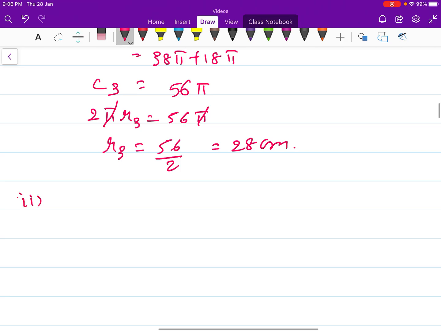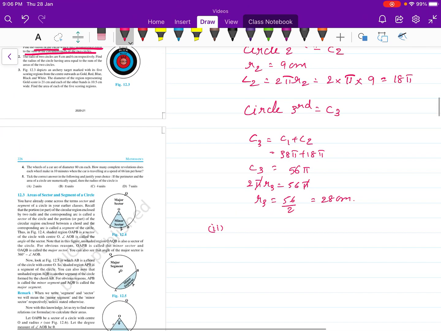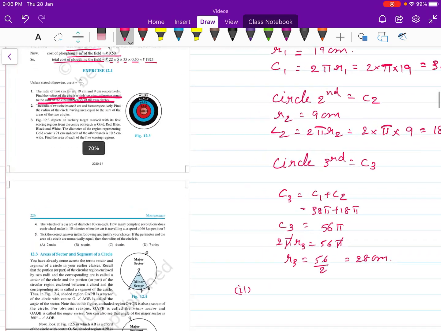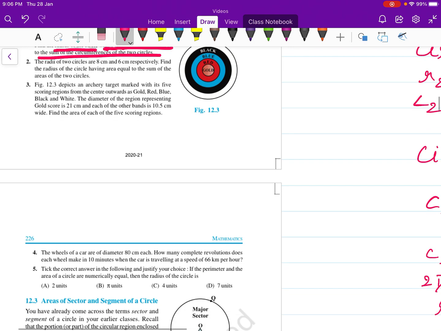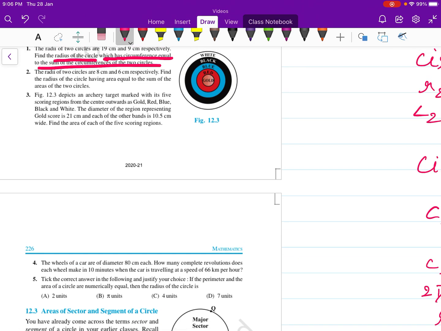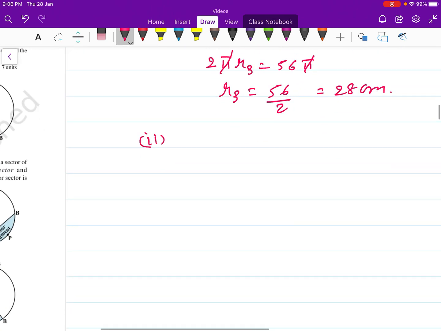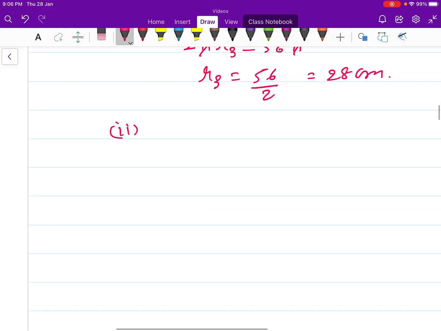Number 2. Now it is a similar kind of question, but you will have to take area here. The radii of two circles are 8 centimeter and 6 centimeter respectively. Find the radius of the circle having area equal to the sum of the areas of the two circles.